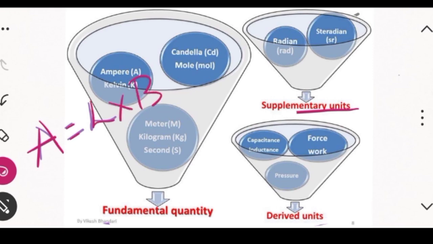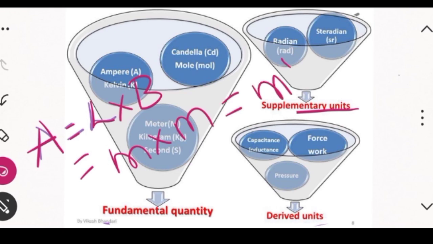Here, what is the unit of length? It is the meter. What is the unit of breadth? Breadth is also the meter. It is called meter square. Here meter square is a derived unit. It is derived from what? Unit of length as well as unit of length. It is called a derived unit.